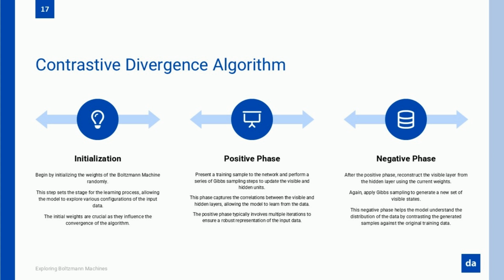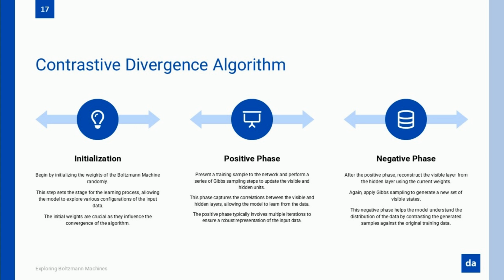However, contrastive divergence is not perfect. Because it approximates the true probability distribution using only a few sampling steps, it can sometimes introduce biases, leading to suboptimal learning in certain cases. To address this, researchers developed persistent contrastive divergence, PCD, which keeps track of samples across multiple training iterations, improving the stability of learning.